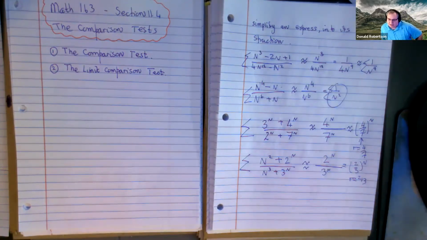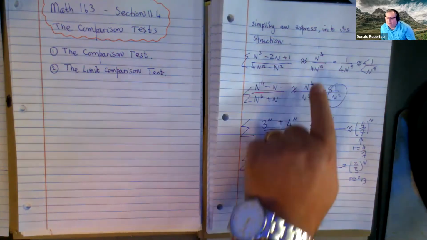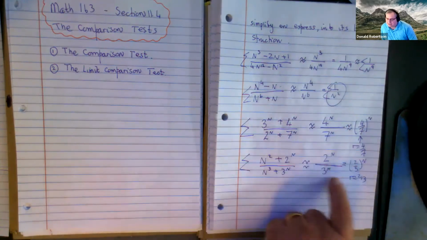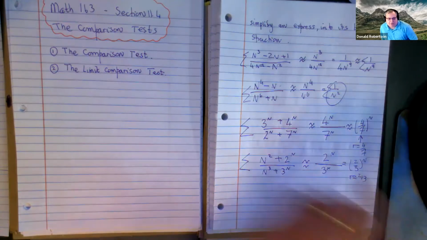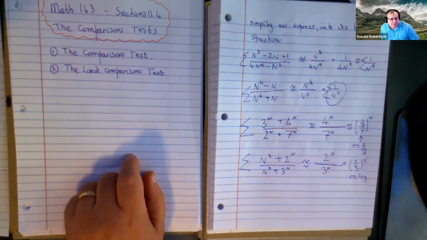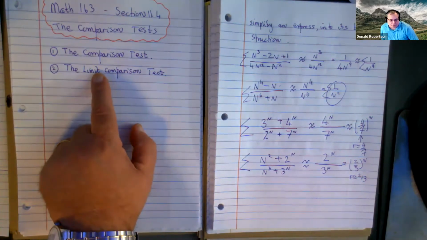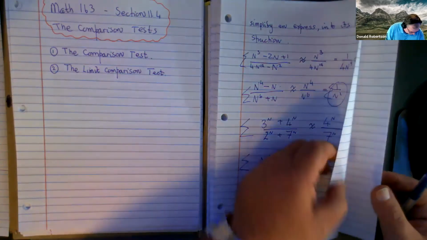Are we getting better at understanding how you take the original and find out what it behaves like? Its basic structure. That skill is something you really need to be able to prove that all of these tests converge or diverge, whatever they end up being. And that test is called the limit comparison test. So let's show you how it works.